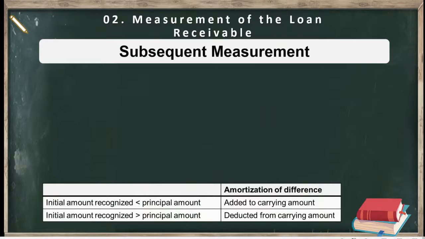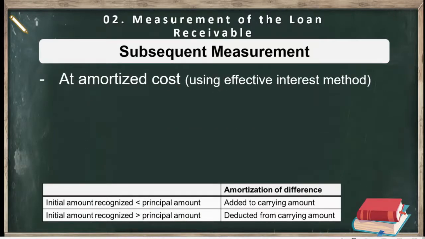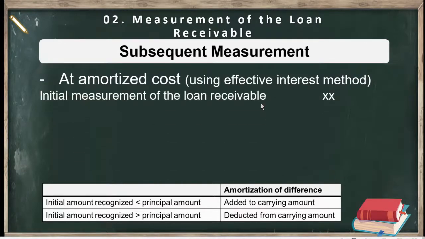Subsequently, we are going to measure the loan receivable at amortized cost using the effective interest method. This will be computed using the following items. You have the initial measurement of the loan receivable, which is mentioned earlier, that's equivalent to fair value plus the transaction cost.